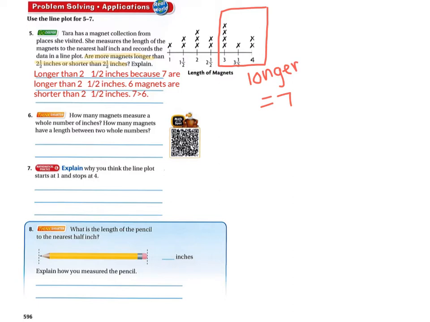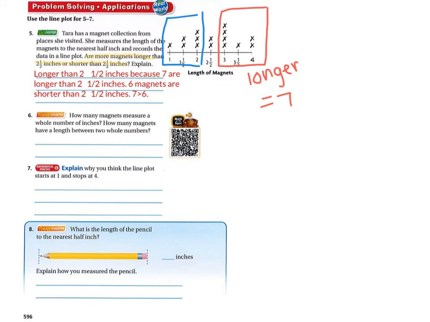Now let's figure out how many magnets are shorter than 2.5. Remember, if we're looking for the number of magnets shorter than 2.5, does that include 2.5? Is 2.5 shorter than 2.5? No, 2.5 is 2.5. So whenever we are figuring this out, just like when we were calculating the number of magnets that were longer, we are not going to include 2.5, because 2.5 is not shorter than 2.5.